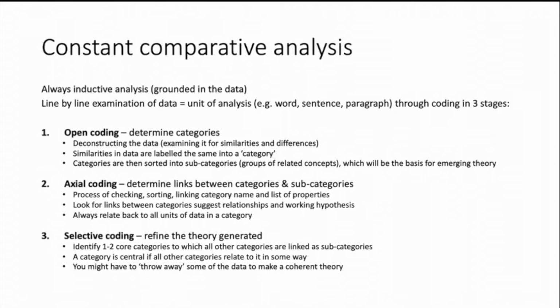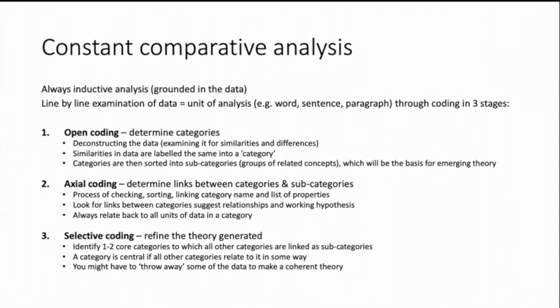But more importantly, in this process, whilst you're focusing on the categories that you've already created, you still have to go back to the original data and make sure that the criteria and list of properties that you've associated with a particular category still fits with the data overall.